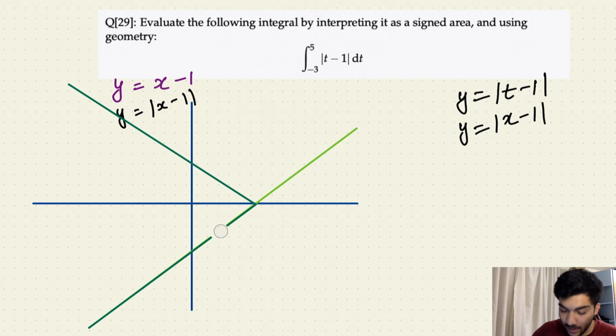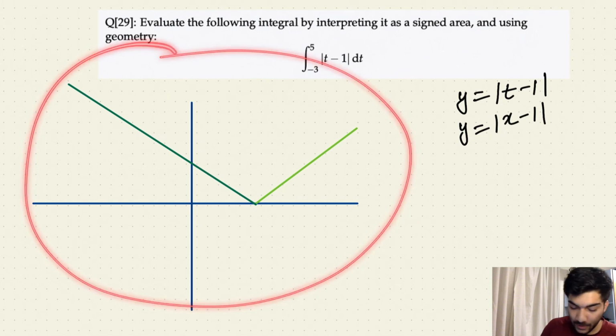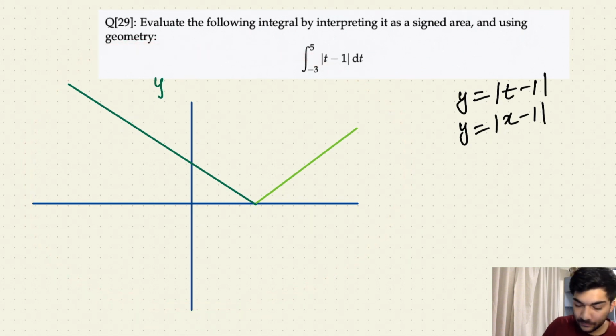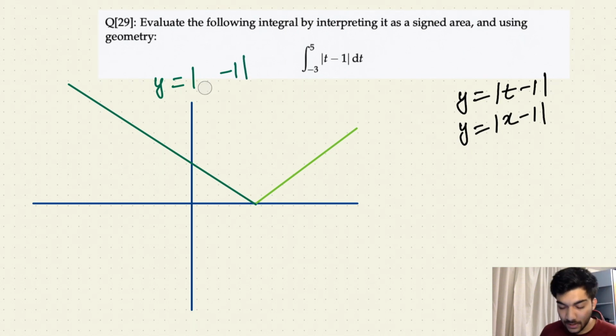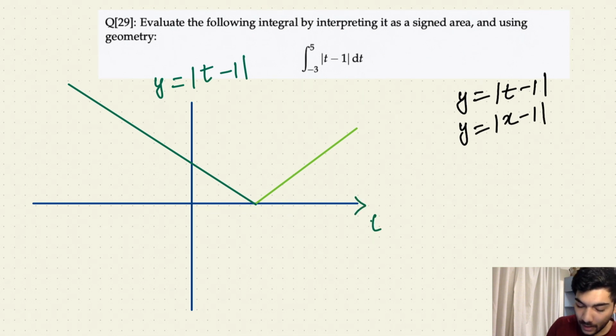And now if I erase the unnecessary parts of my graph, my final graph would be this one, which is the graph of y equals absolute value of x minus 1, or in this case, it's t minus 1, where I have denoted this axis as t and this is my y-axis.